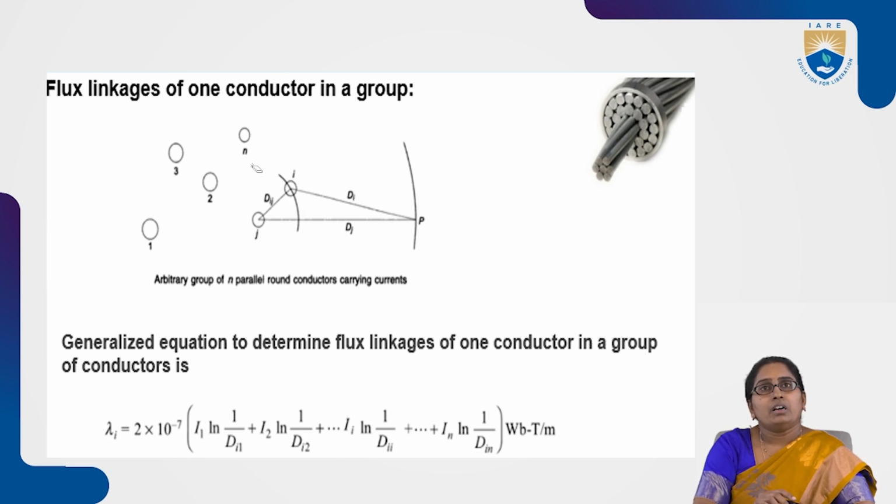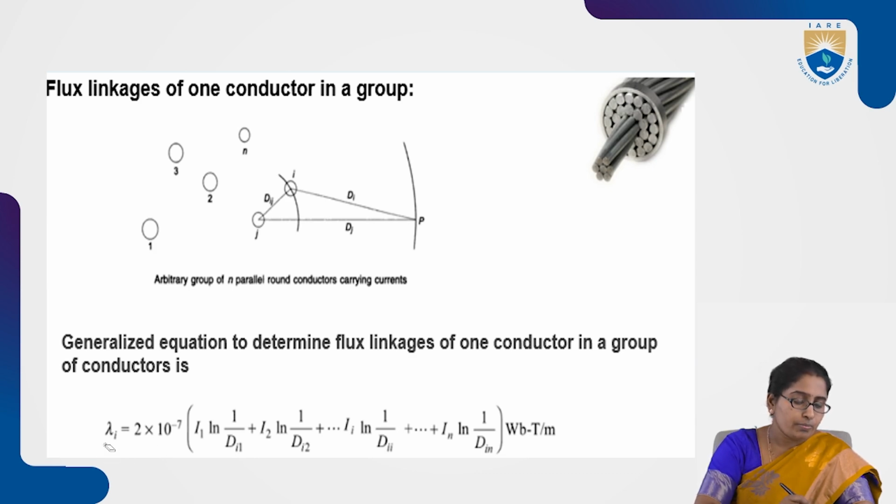Suppose we want to write the flux linkages of one conductor in that group. Let us say we are writing the flux linkages of the ith conductor, delta I.